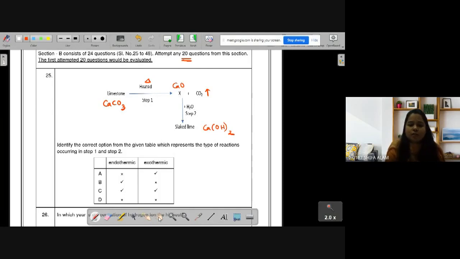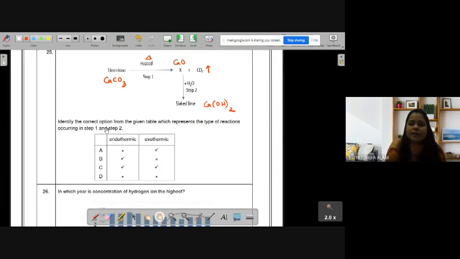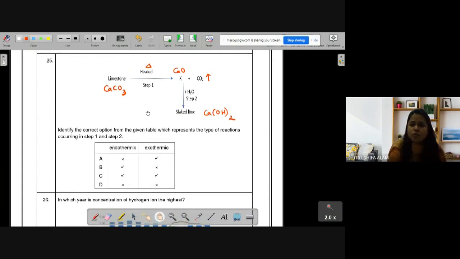The question continues, identify the correct option from the table that represents the type of reaction occurring in step 1 and 2. We note that in step 1, heat is given to the substance, and in step 2, along with calcium hydroxide, heat is evolved.